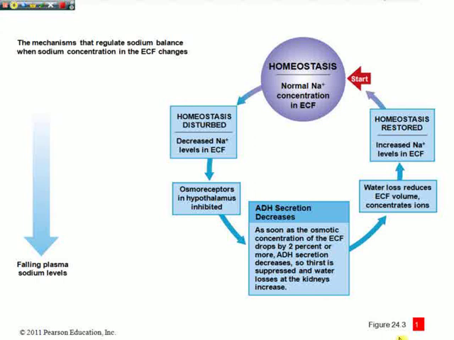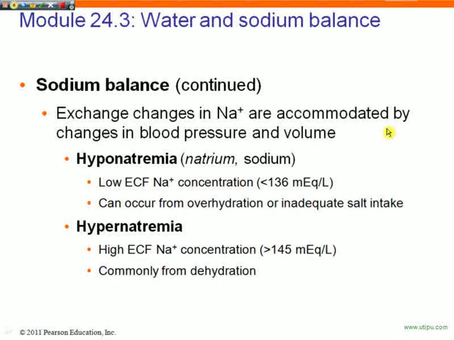And that water loss will reduce the ECF volume, which concentrates the ions, which is going to increase sodium levels in the extracellular fluid, and that restores homeostasis. When these changes in sodium occur, they're also accommodated by changes in blood pressure and volume.